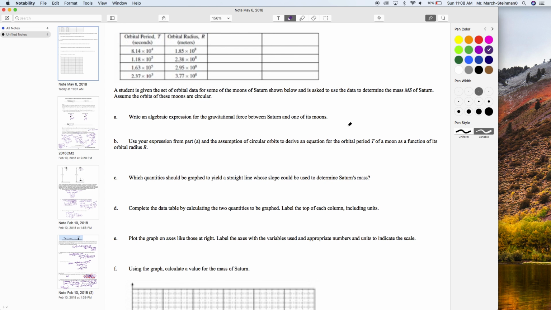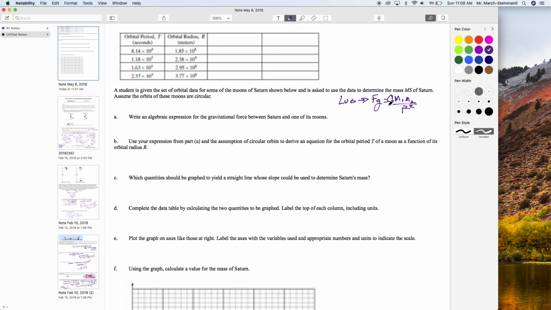A great way to start out is to say, okay, what do we know about gravitational force? Well, we know that the law of universal gravitation states that Fg equals G m1 m2 divided by r squared.